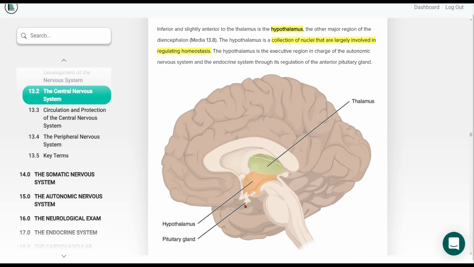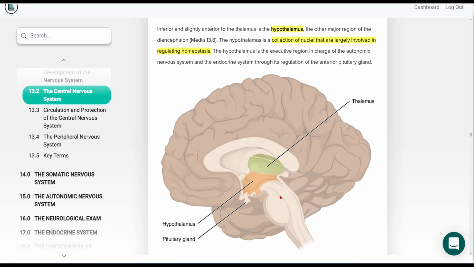Remember, the sella turcica is one of the bone markings of the sphenoid, this little indented saddle region. The pituitary gland sits down in that sella turcica and is protected by that bony marking.